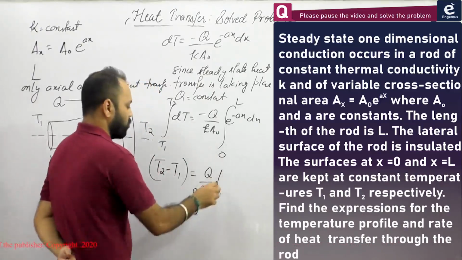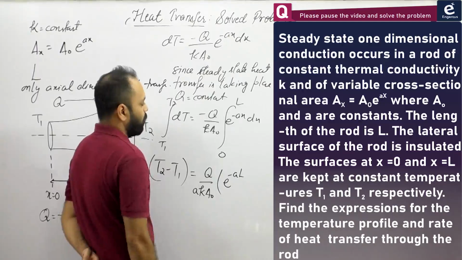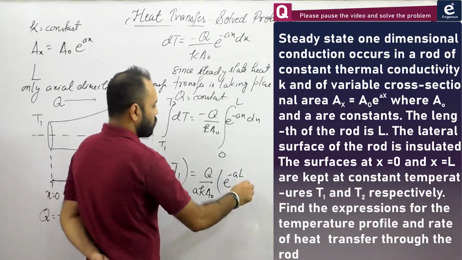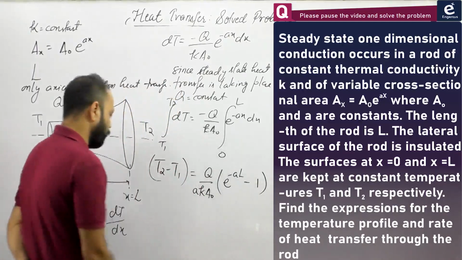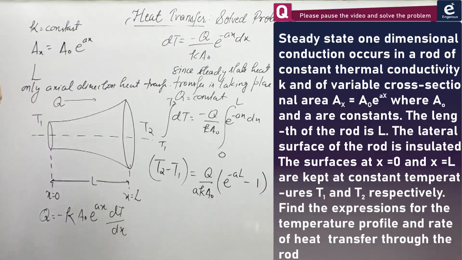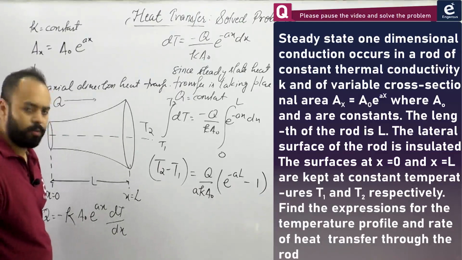So if you put the limits, e raised to the power minus aL, minus 1. Fine. So T2 minus T1 is equal to Q by a K A naught into e raised to the power minus aL minus 1.